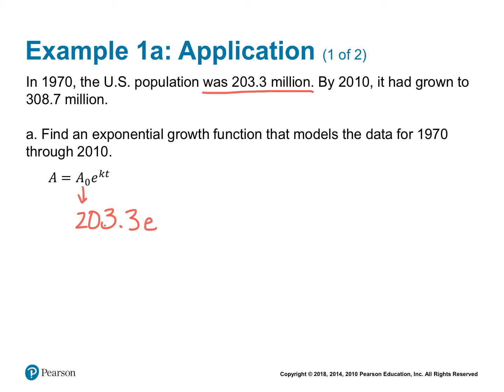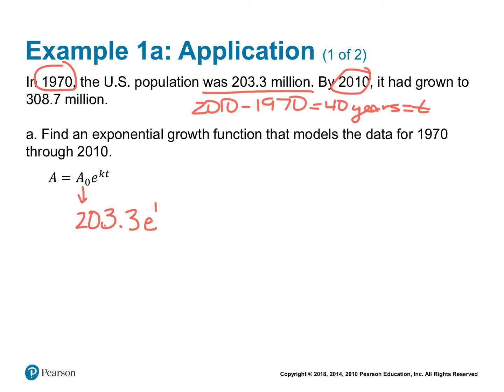Okay, by 2010, so let's see how much time has passed. If you start back at 1970, that's a span of 40 years for t. And k is the constant that we're trying to find.